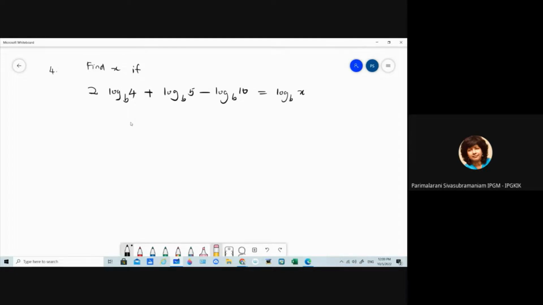Okay, so you're given an equation like this and you're asked to find x. So how do you find x?